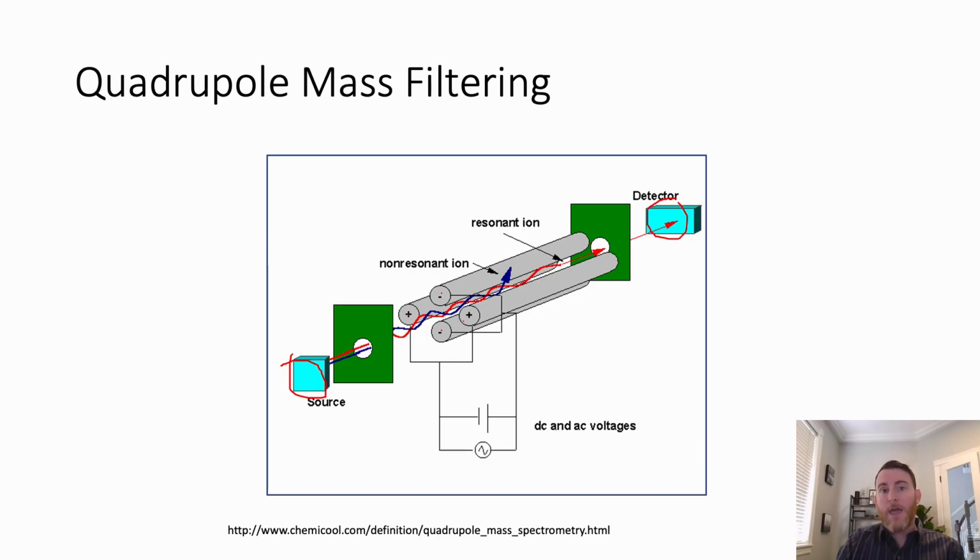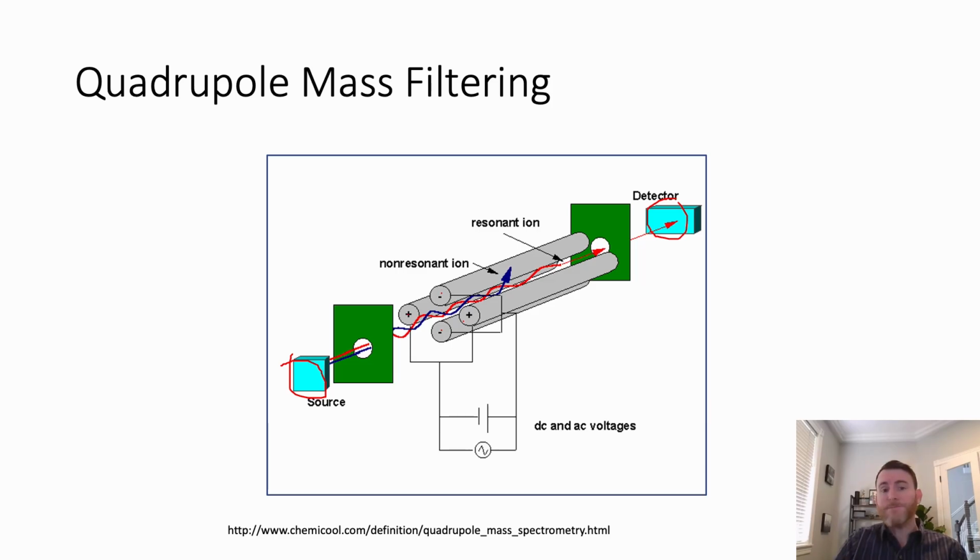You are giving the mass spectrometer an assignment of a specific mass. The mass spectrometer has organized the mathematics to change the charges of these poles in a way that all other ions that are heavier or lighter end up becoming unstable and colliding with these poles, and only the masses that are representative of 300 in a positively charged mode end up actually reaching the detector.